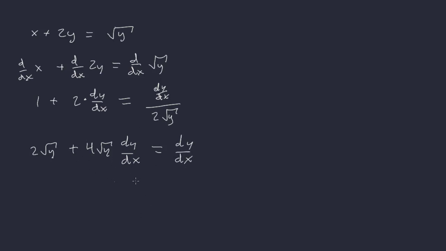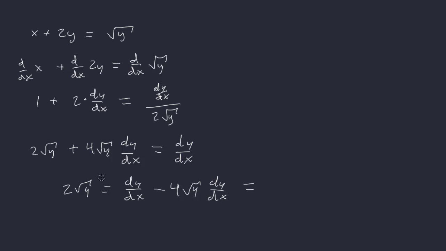Now we'll move this 4 root y dy/dx over to get 2 root y is equal to dy/dx minus 4 root y dy/dx, and now we can factor that dy/dx out.